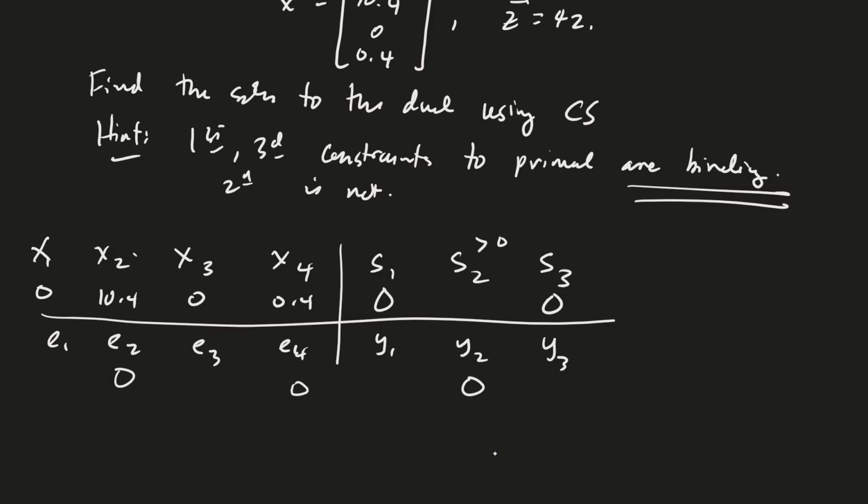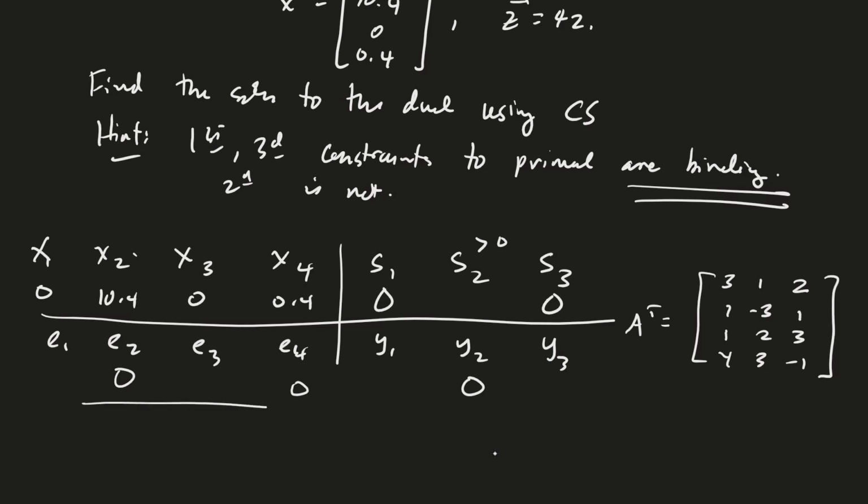Well, if I look at A, maybe I should write A transpose off to the side here. A transpose is equal to 3, 1, 2, 1 minus 3, 1, 1, 2, 3, and 4, 3 minus 1. Okay, what this is saying is that the equations for 3, 1, 2 and 1, 2, 3 have an excess variable, and so I'm going to take those out for the moment and just use the other 2 equations.